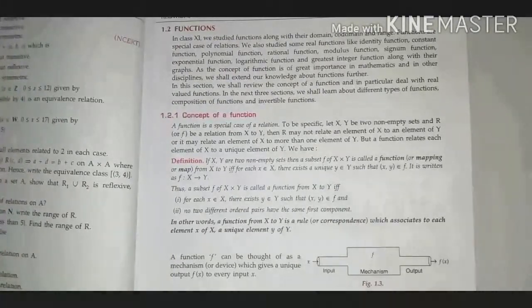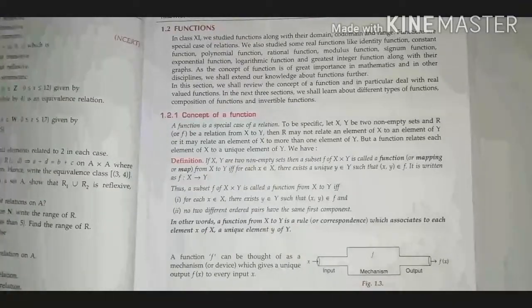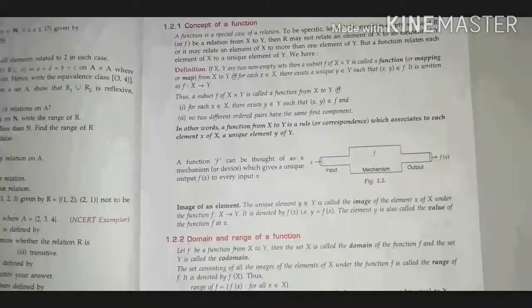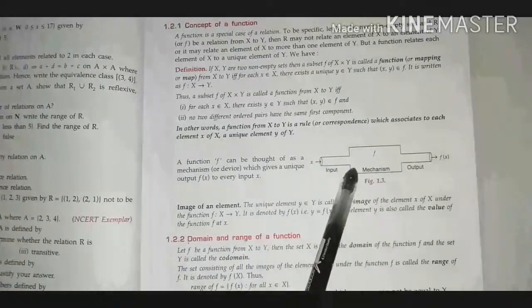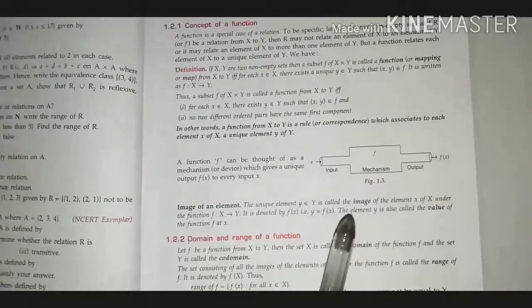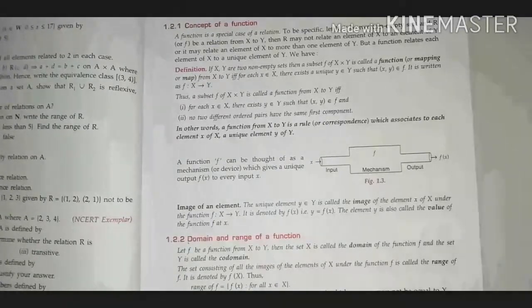For explanation we can consider this function as a machine. What happens in a machine? We input something into the machine, and after some processing we get some output. If you input raw material, we get some output. We will not get different types of output from the same machine.